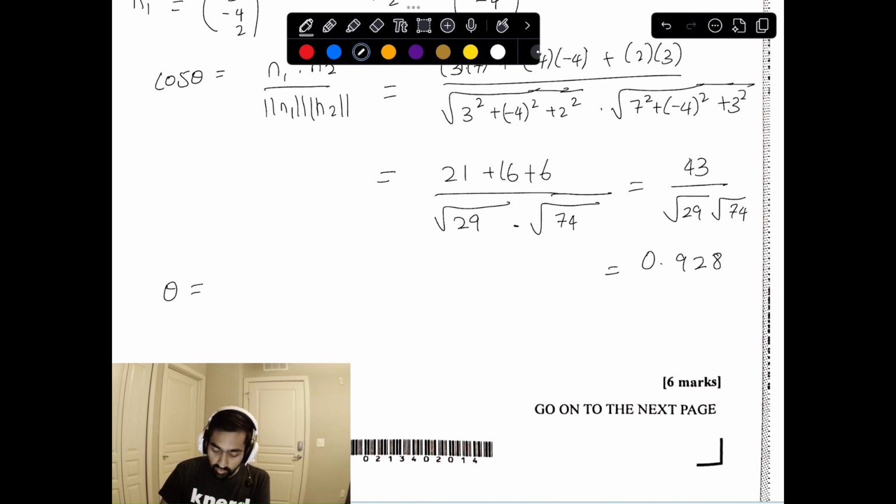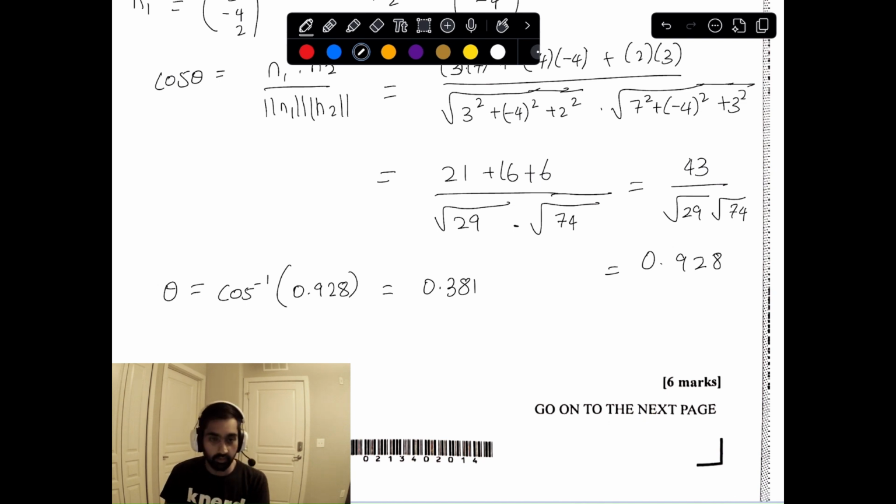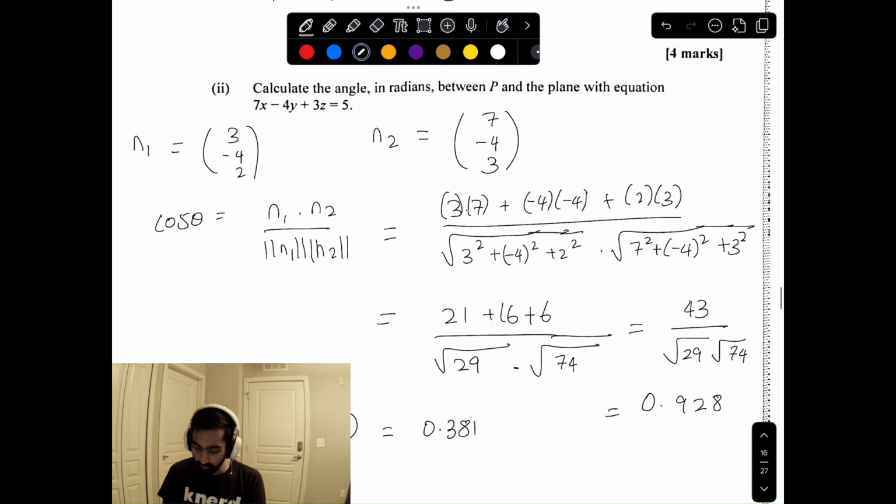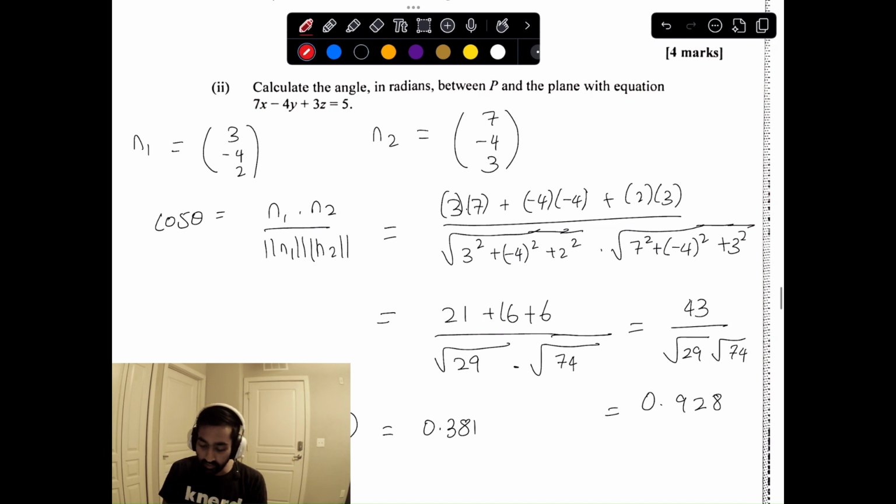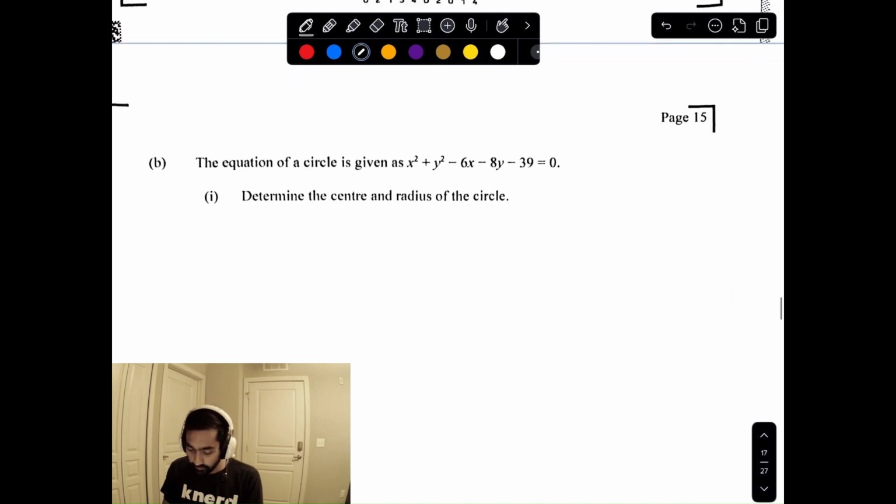But this is cosine theta, so what's the actual value of theta? Your angle has to be in radians, so theta is equal to cos inverse of 0.928, which is about 0.381. That's how you'd find the angle. Always keep in mind what units they're asking you for, because they could equally ask for it in degrees, and then you have to find the angle in degrees.